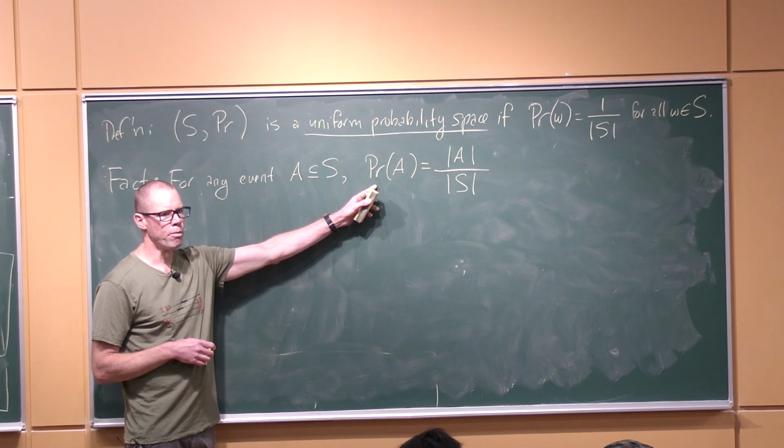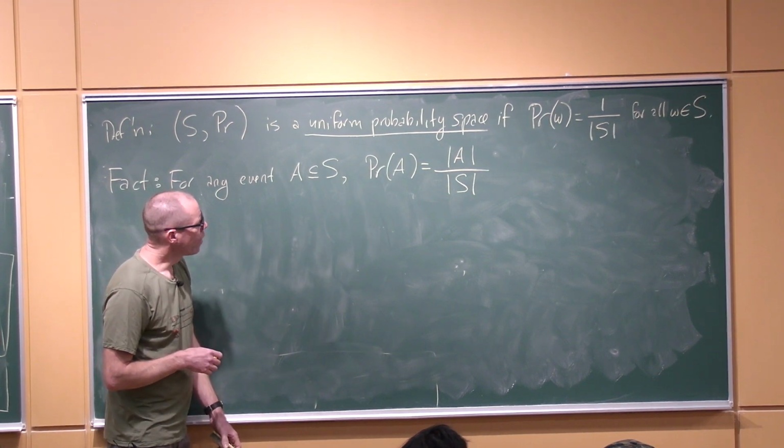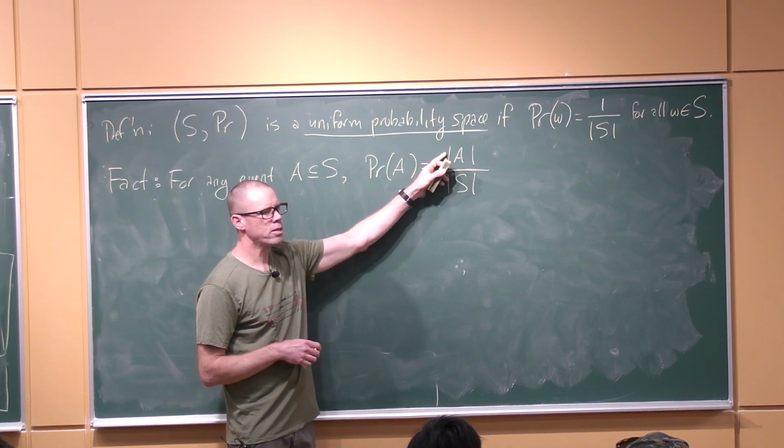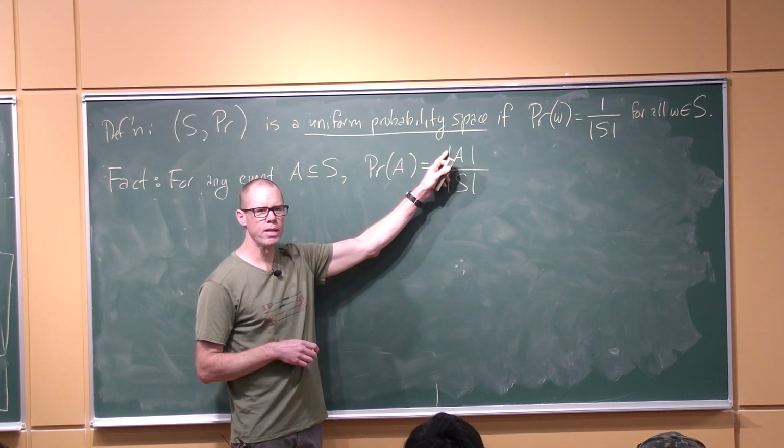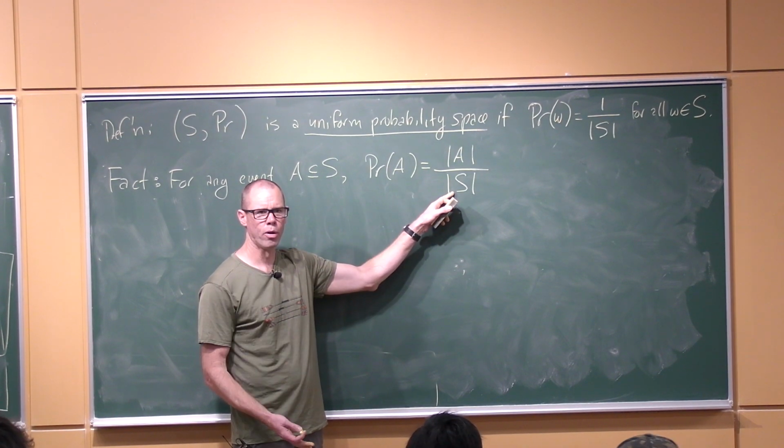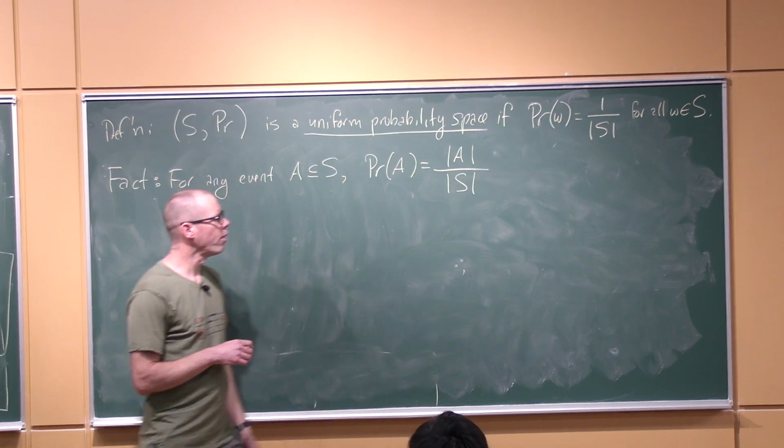If I want to know its probability, well, actually, all I really need to know is the size of that set and the size of the total number of possible outcomes, right?